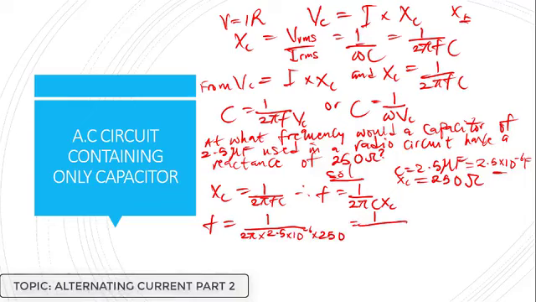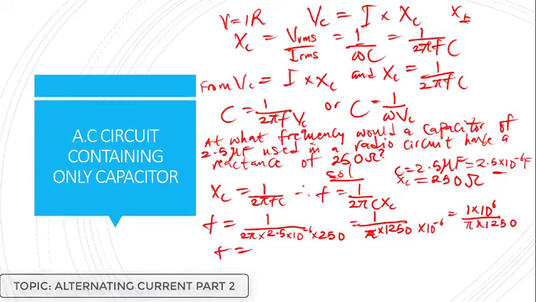It gives us 1 over pi times 1250 times 10 raised to the power minus 6, which gives us 1 times 10 raised to the power 6, because the law of indices states that when a negative index goes up, it becomes positive. So we have pi left underneath, and we multiply it by 1250.